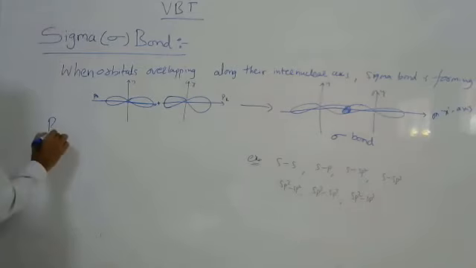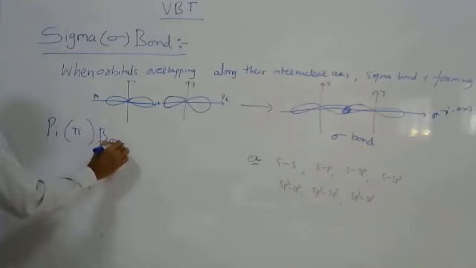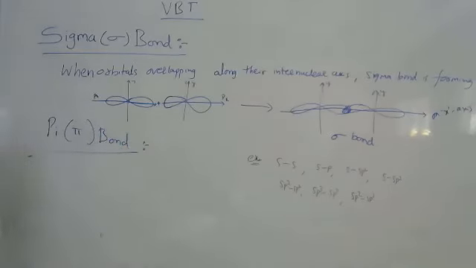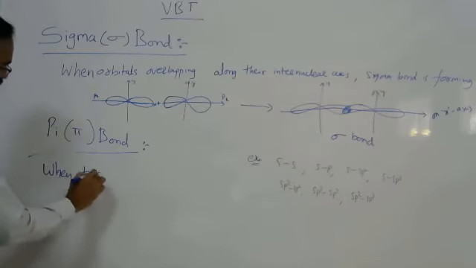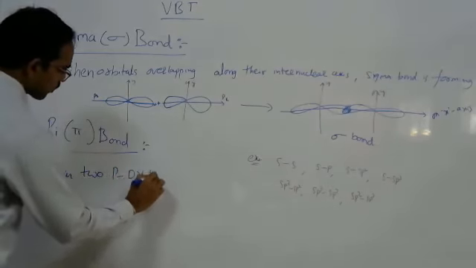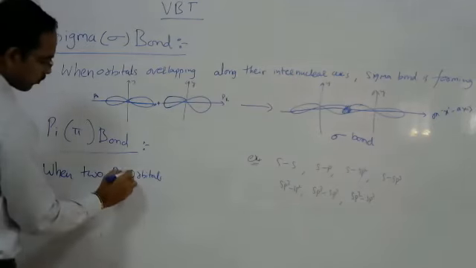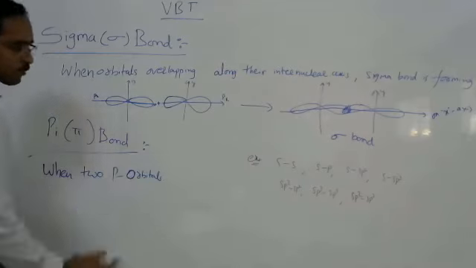Pi bond. When two p orbitals... देखो इधर p तो मेंशन नहीं किया, इधर p मेंशन कर रहे हैं, two p orbitals, because s orbital never form pi bond.